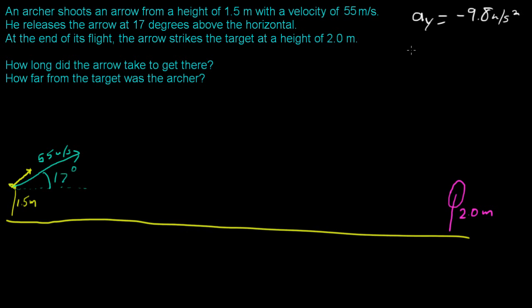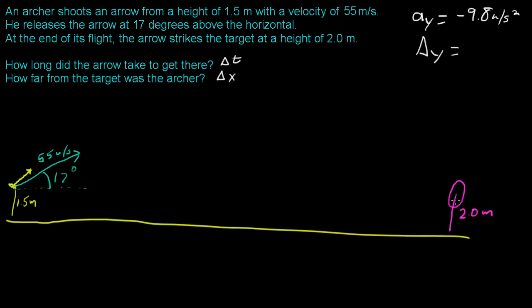Okay, we can also figure out delta y. Now, by the way, how long did the arrow take to get there? We're looking for delta t, and we're looking for delta x. But we can figure out delta y, because we start at 1.5 meters above the ground, and we end up at 2.0 meters above the ground.